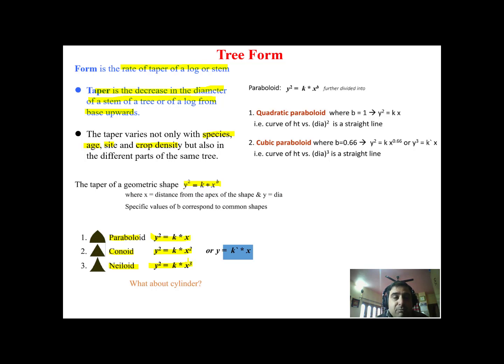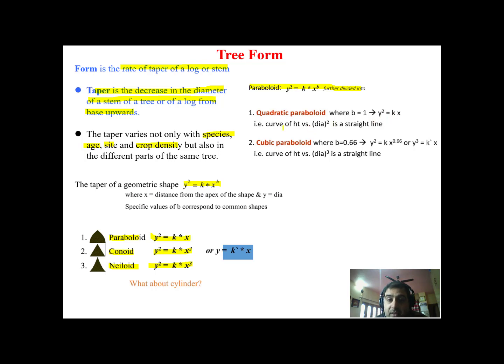Most of the stem of a tree conforms to the frustum of a paraboloid. So, dividing the paraboloid equation further, as quadratic paraboloid, when b is equal to 1, y square is equal to k into x.